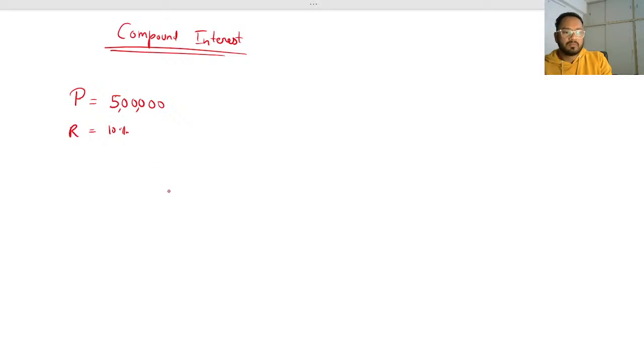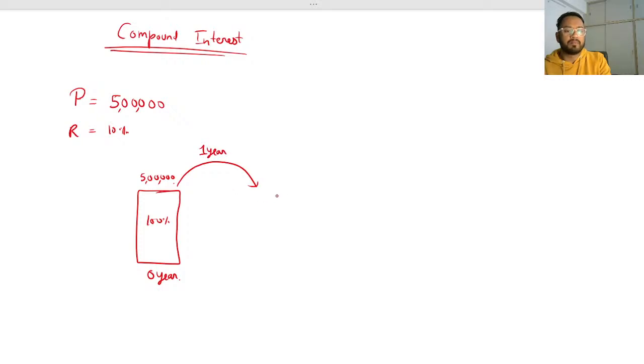This is the 100% value, and the loan is of 5 lakh. This is the 0 year.